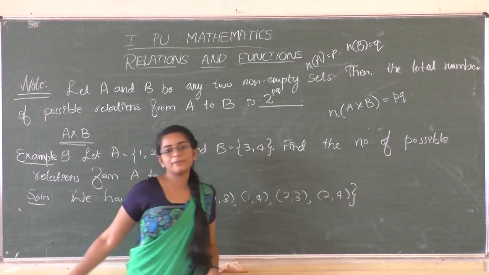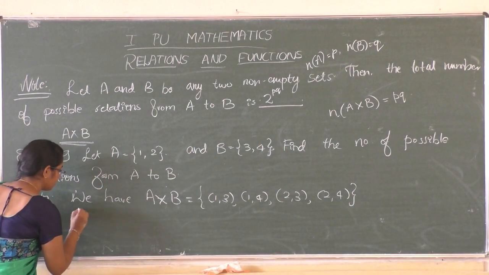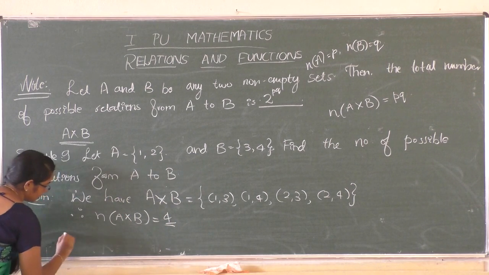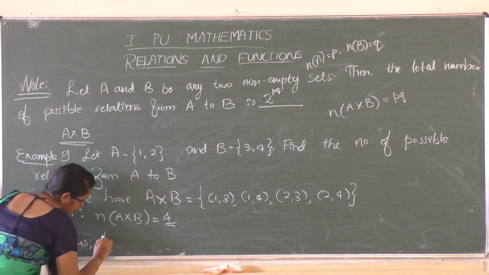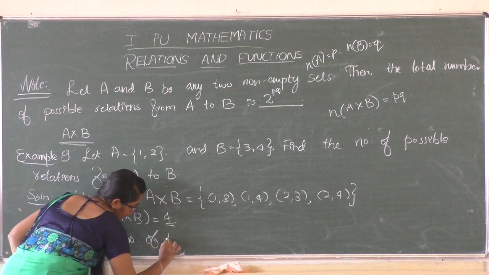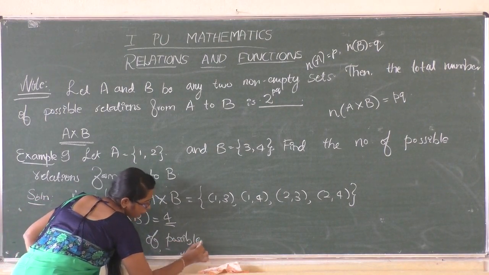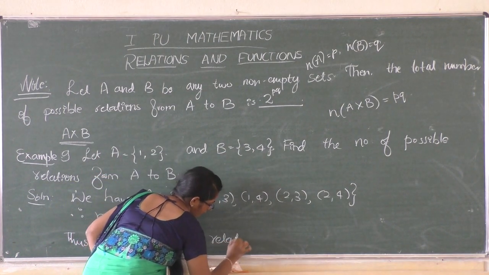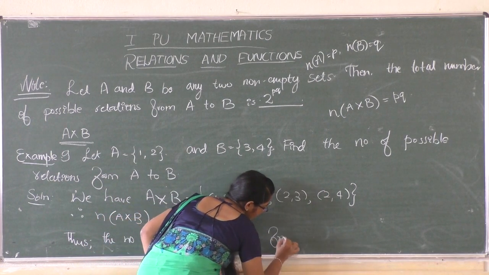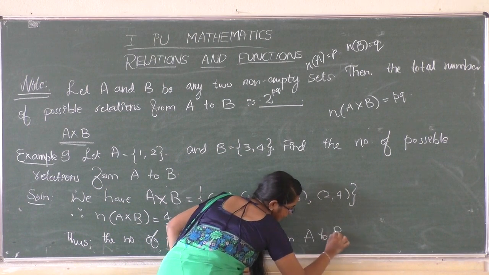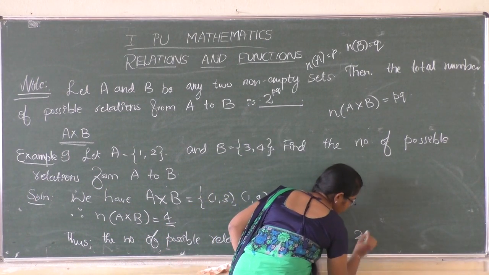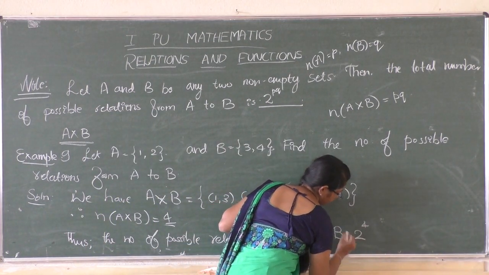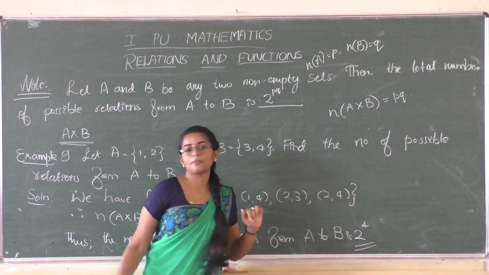We have 4 elements in A cross B. Therefore the number of elements in A cross B is equal to 4, and thus the number of possible relations from the set A to the set B is 2 to the power 4. This is about the last example.